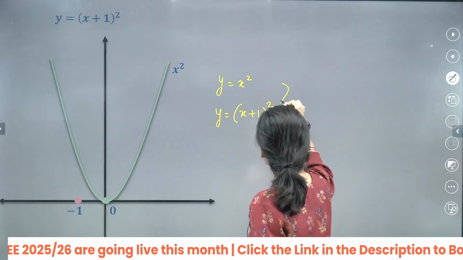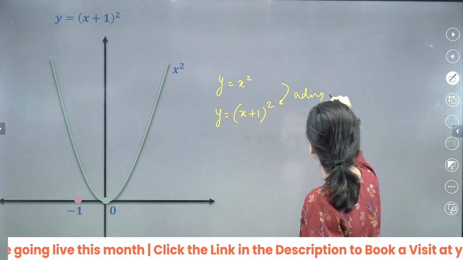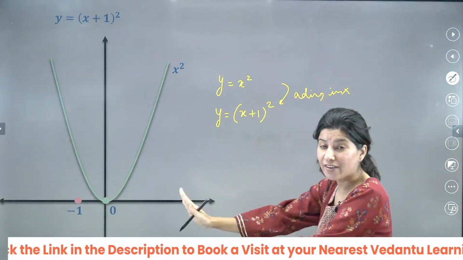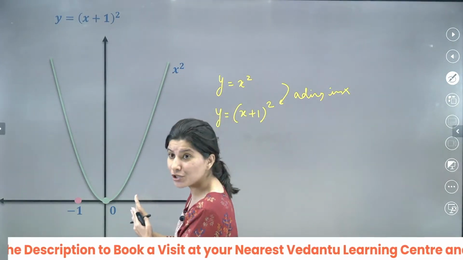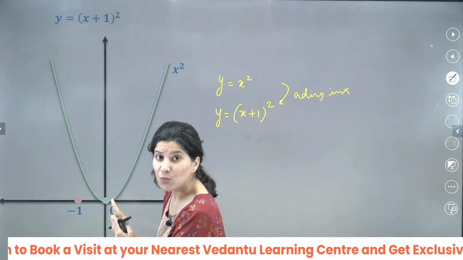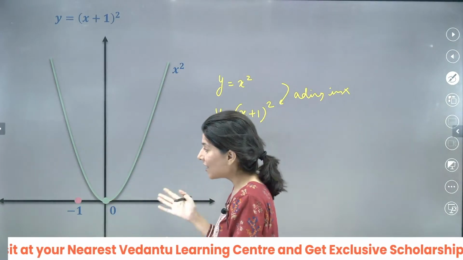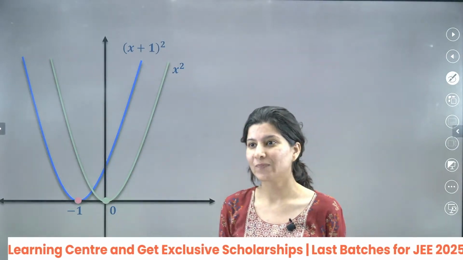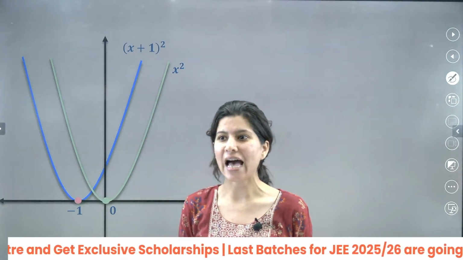We are actually adding in x. Adding in x means horizontal shift, and adding means left shift. So we just have to shift the graph towards the left, 1 unit. Can you see, this is finally your x plus 1 whole square? Now you are getting it, Dharani.